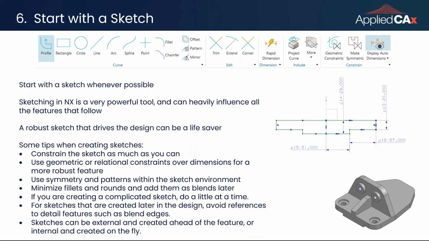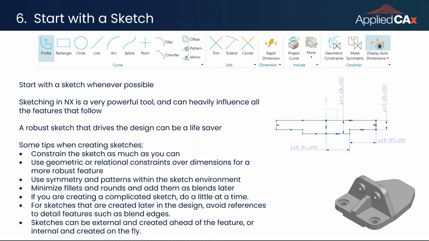And then for sketches that are created after you already have some modeling features within the part, you want to make sure you're avoiding any relationship to littler detail features or features that could change really easily.